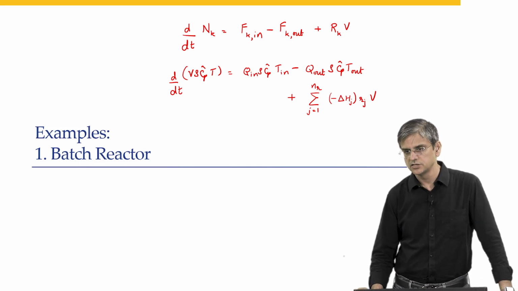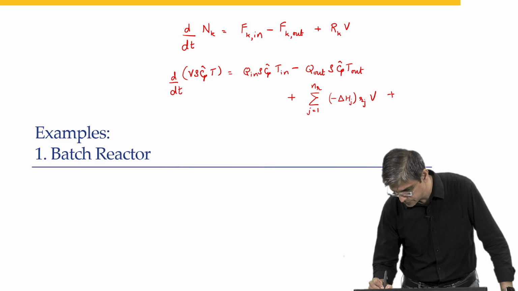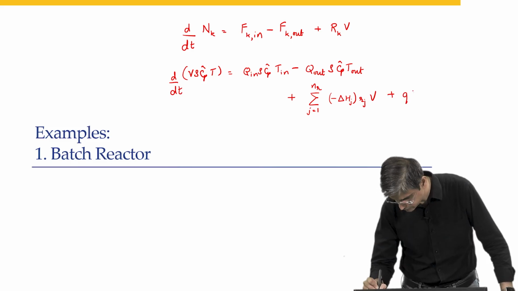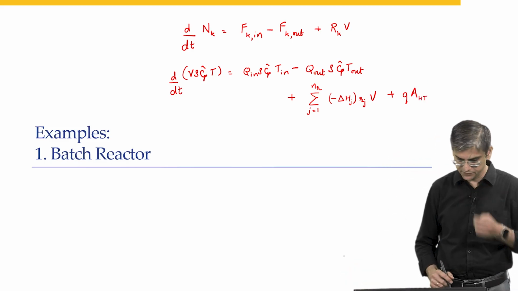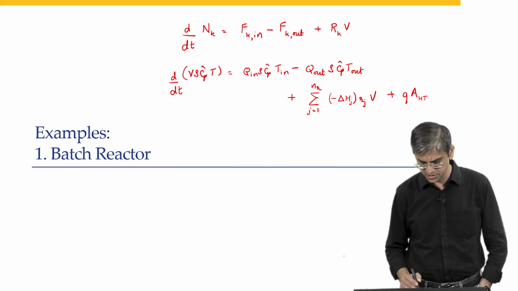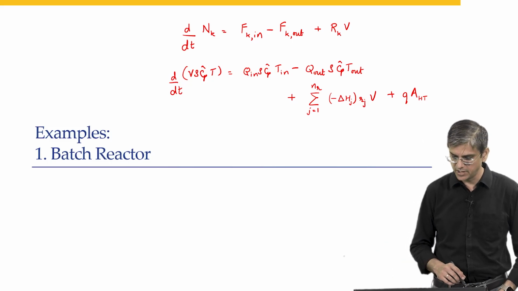So these are the two balances, plus, if there is heat transfer, the area of heat transfer multiplied by the flux of heat transfer, right. So these are the overall balance equations that we have.